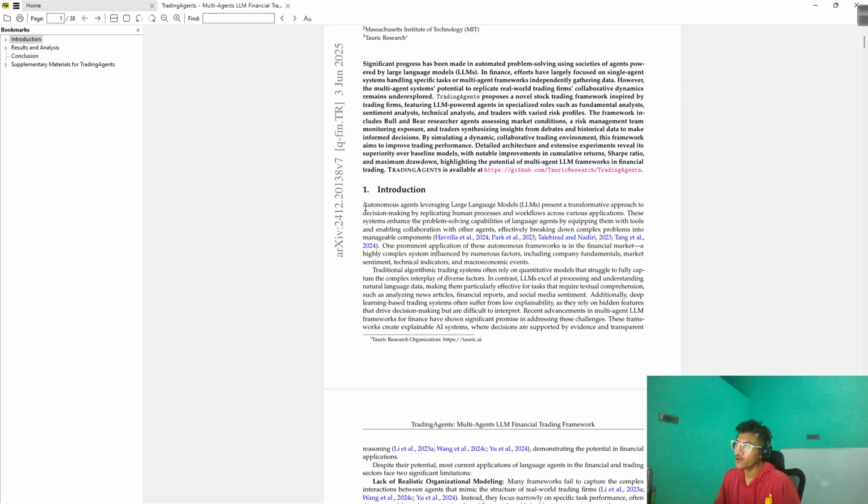Right. So what they're saying is that LLM actually presents a very transformative and disruptive approach to decision making by replicating human processes. So see this disruptive technology, LLM, it actually replaces a lot of the human in the loop where there's some scaffolding task you have.